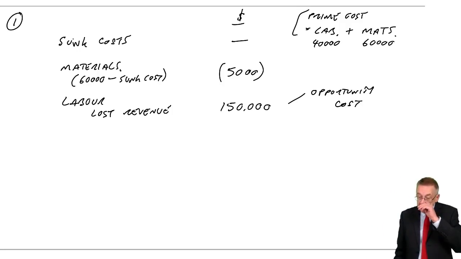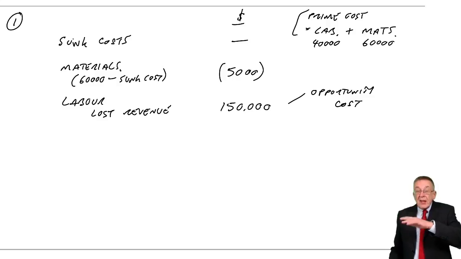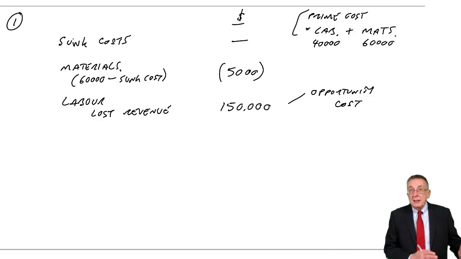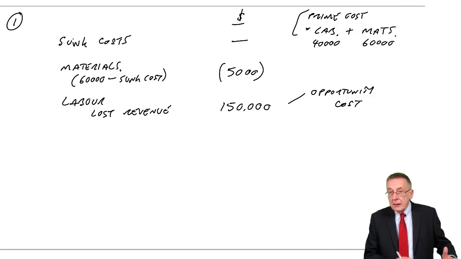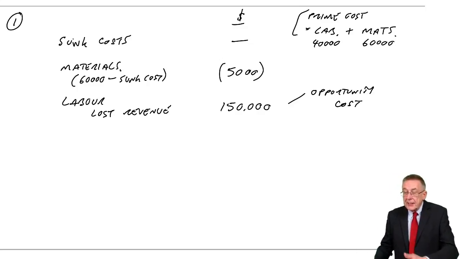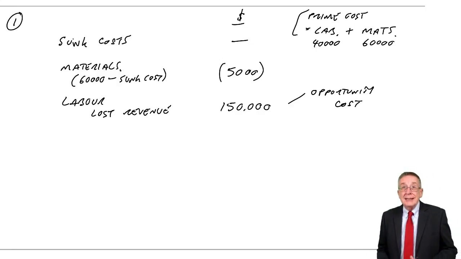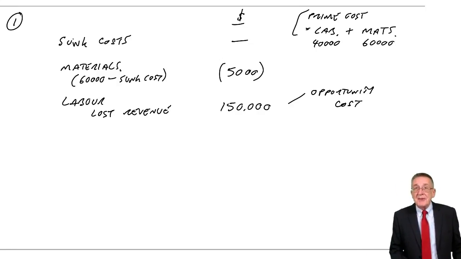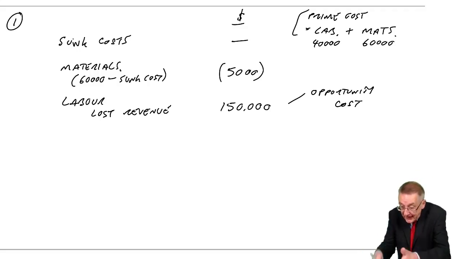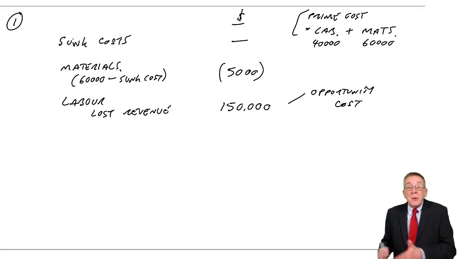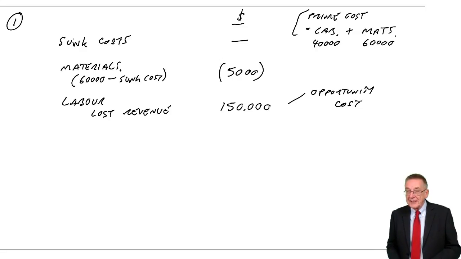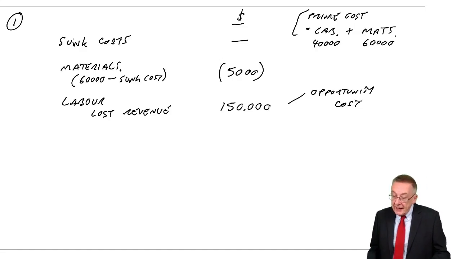Now, why is that relevant? Because if we don't do the project, these men will be transferred back and be earning revenue. But of course, if they're earning revenue by making another product, then we'll have the costs of the other product, which we won't have if we do this project, because we won't be making the other product. And so what's going to happen?